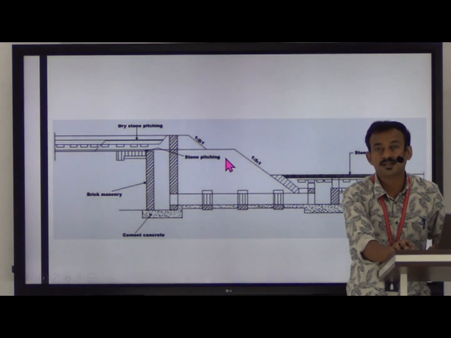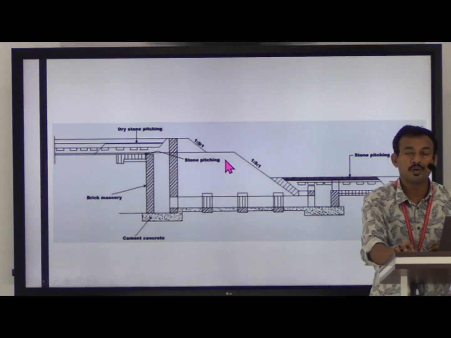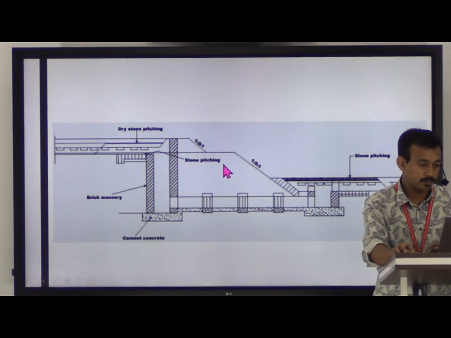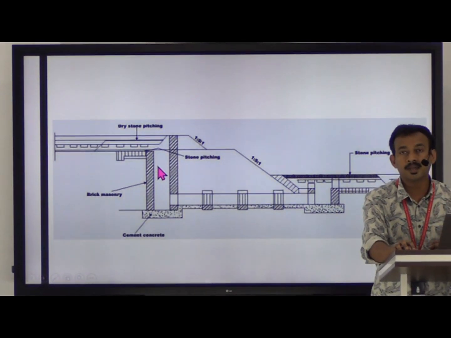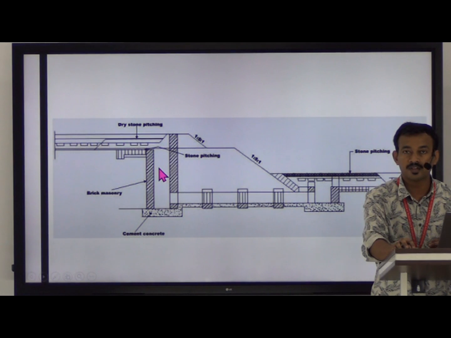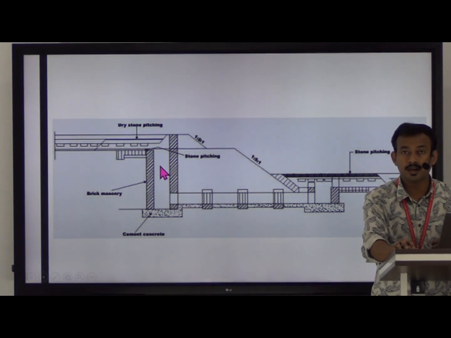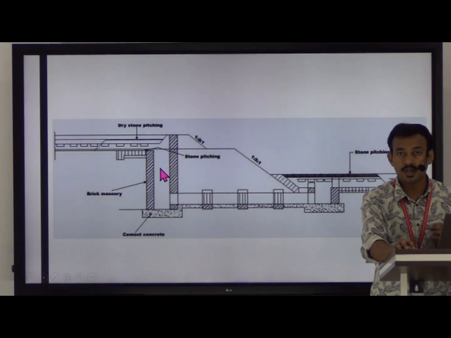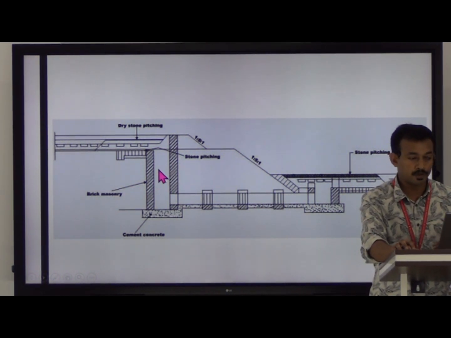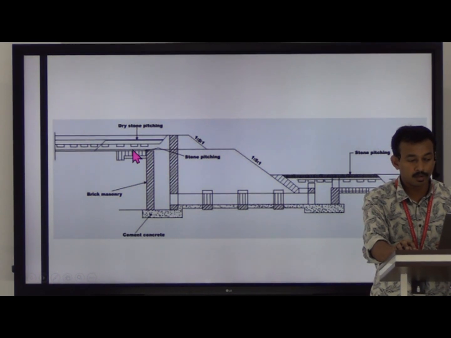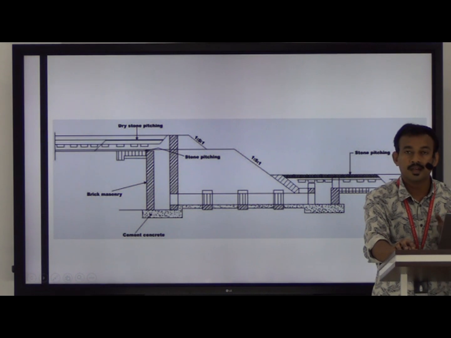Now let's discuss the basic structure of a siphon well drop. This is a typical schematic diagram of a siphon well drop. As you know, it's a kind of canal fall structure used to transmit or pass water from high elevated ground to lower elevated ground. As the name indicates, there will be wells.